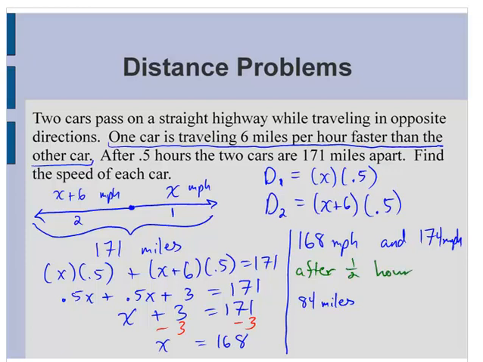And the other person would have traveled 174, divide that by 2, would be 87 miles. And those do add up to 171.